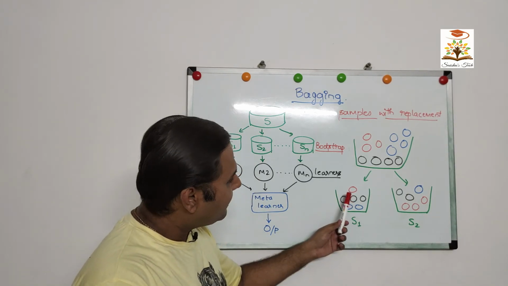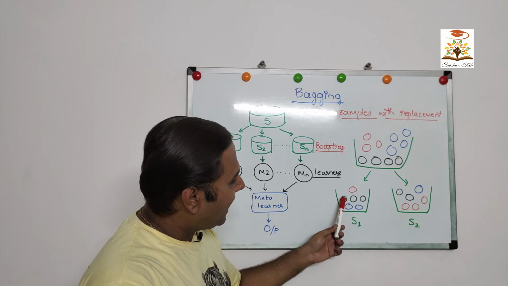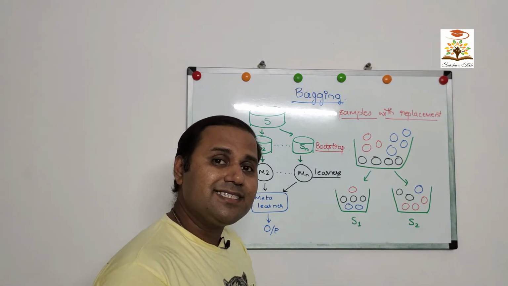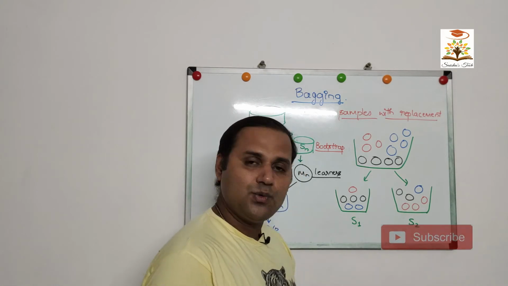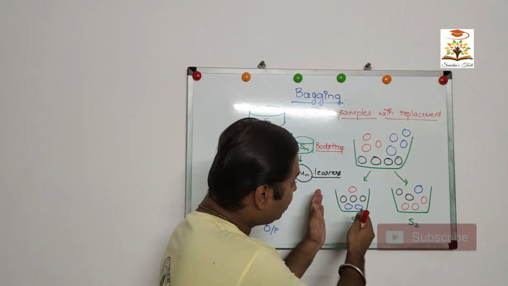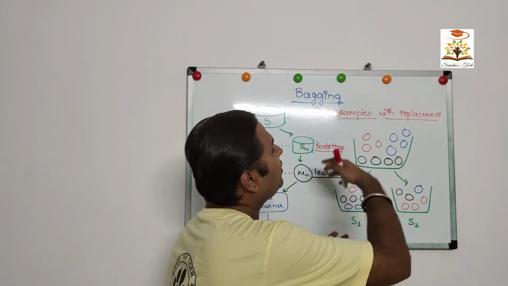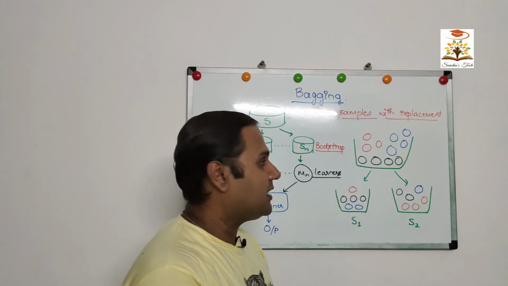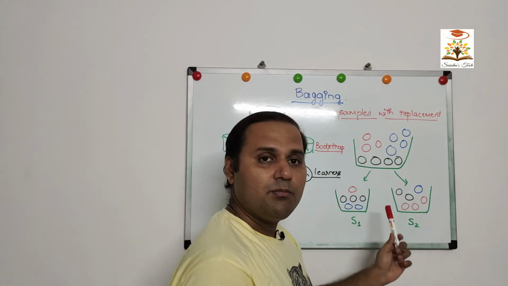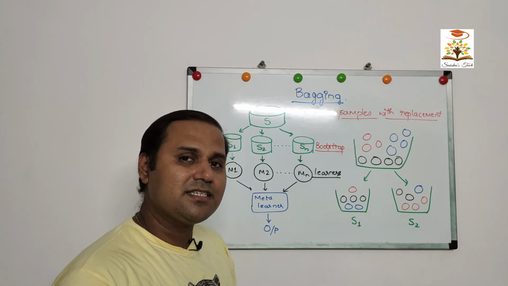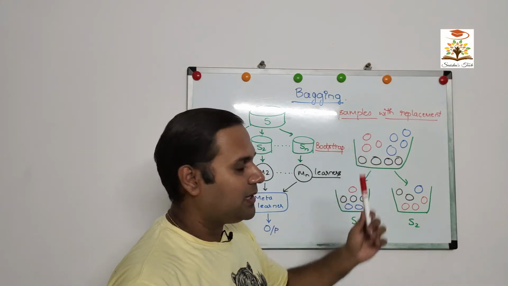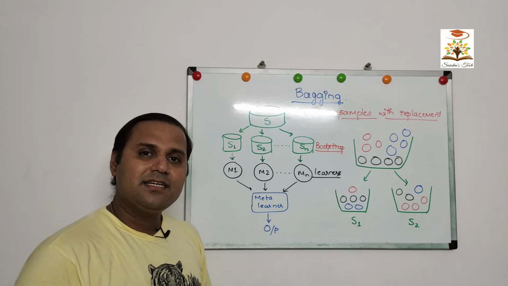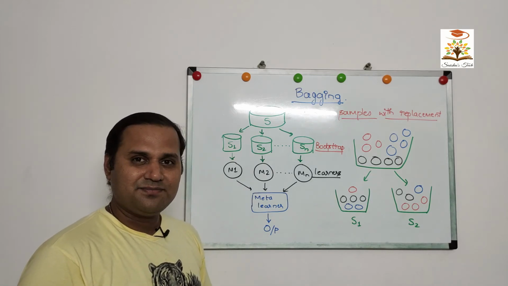Here you have picked randomly red, black and blue. Now, when you are taking the second sample like S2, you put back these balls into your original sample and then you randomly pick the balls once again. This is how sampling with replacement, or a bootstrap type of data set, is done.